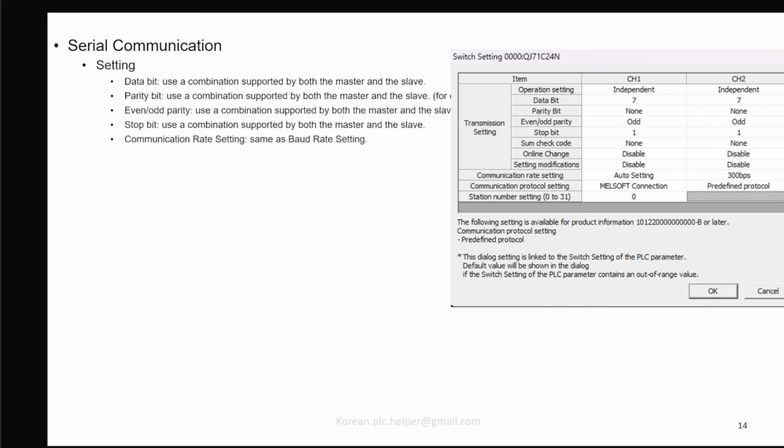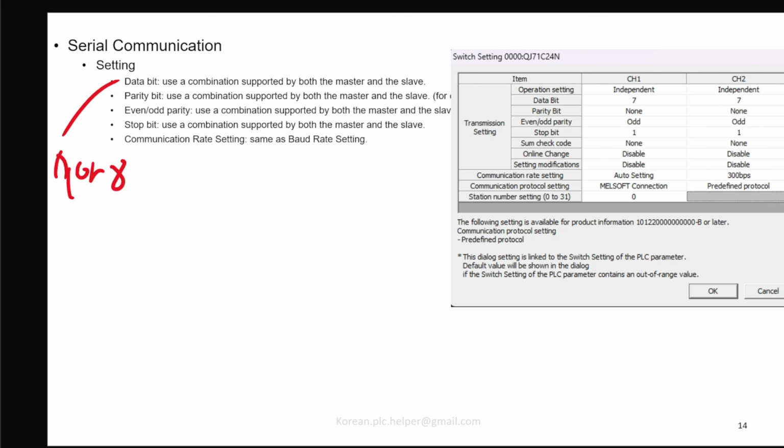First, check whether the data length is configured as 7 bits or 8 bits. Data bits 7 or 8.